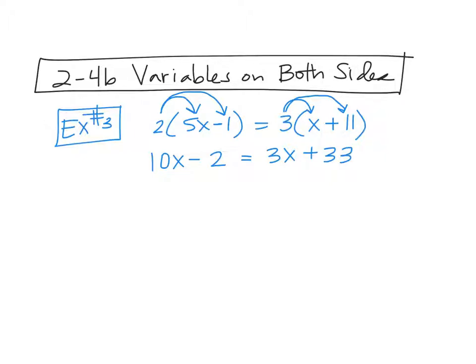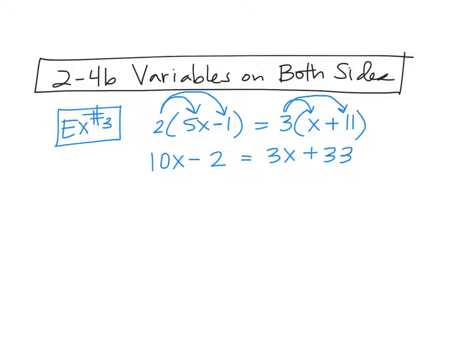So we're going to do the opposite to get them together. Okay, so right now you have a 10x and you have a 3x, okay? If I want to get one of them out of there and move it to the other side, which one's the best one to remove from one side and move to the other?